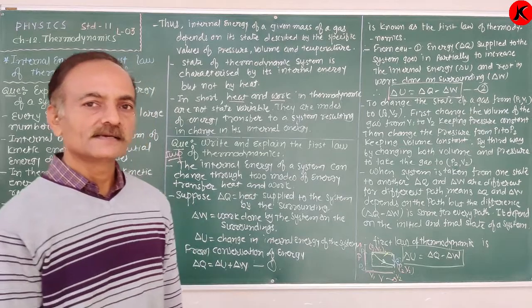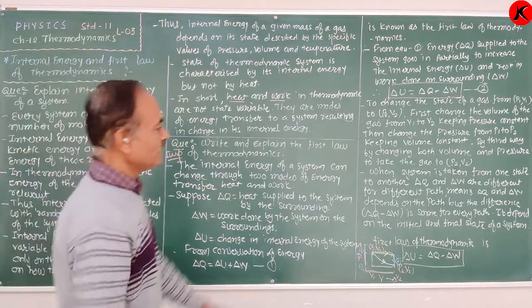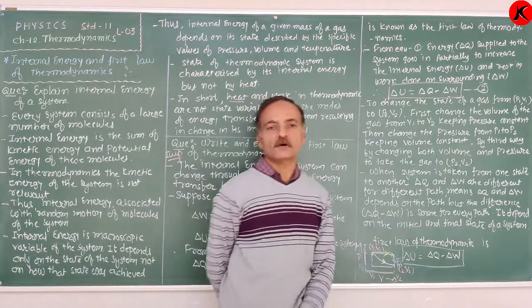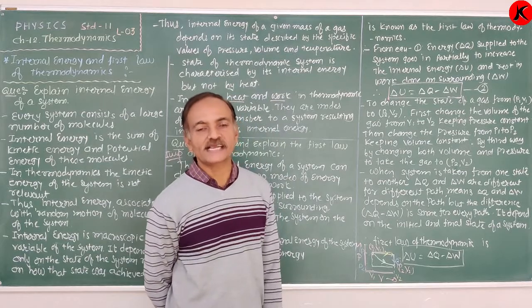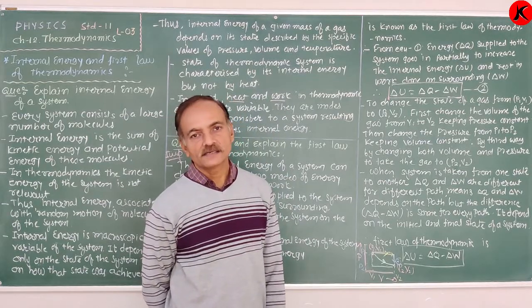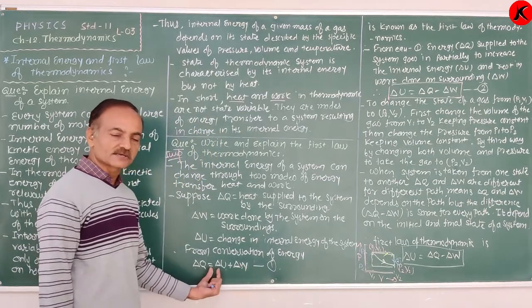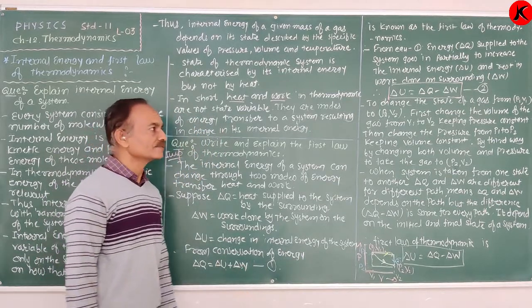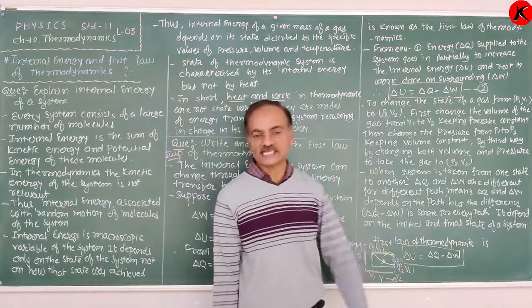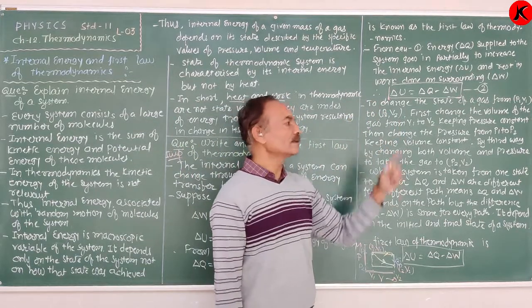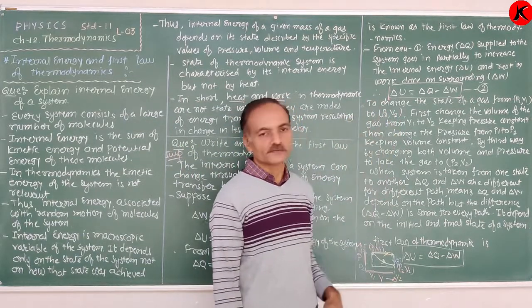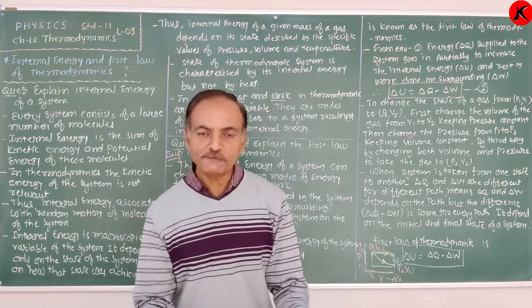Clear? Again, just to repeat how we make the change in state of a system. The first law of thermodynamics is delta Q equals delta U plus delta W. To change the state of a gas from P1 V1 to P2 V2, there are three different ways.